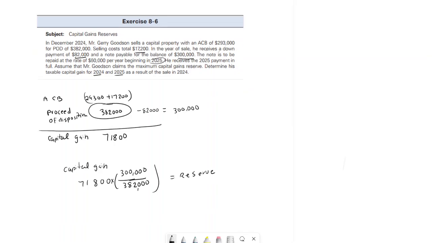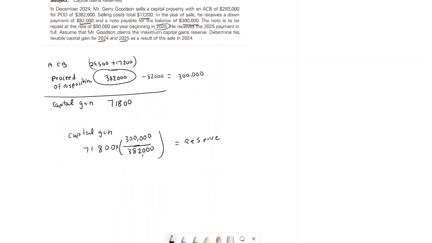Then we also have to consider how long it's going to take us to be paid. They said it's going to take 5 years to pay, but when you do this in a formula, you're going to take your 71,800, multiply by the 20%, and then you have 4 minus 0, and my reserve here is 57,440, and the other is 56,387.